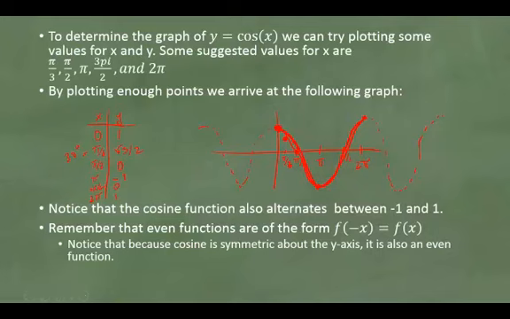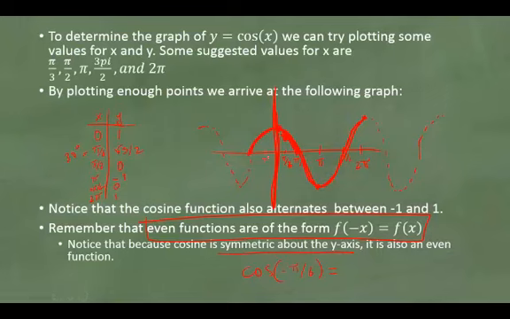What we notice here is that cosine is symmetric about the y-axis. In other words, it's a reflection. If you look at this line down the middle, it's a complete reflection. Whatever's on the right side is also on the left side. And that's another definition for an even function. So if we were to find cosine of negative pi over 6, it should come out not negative, but just the same value.